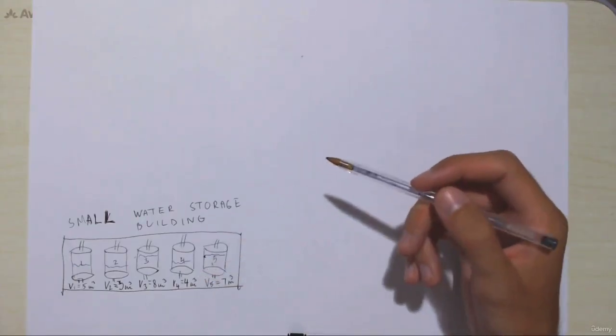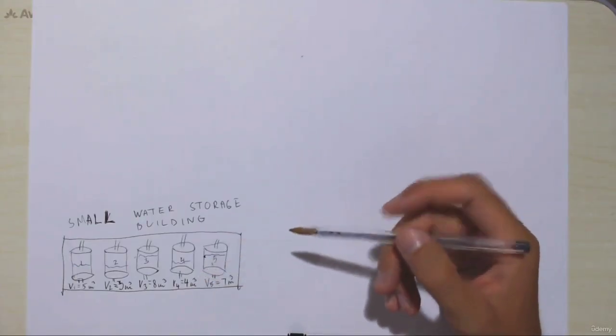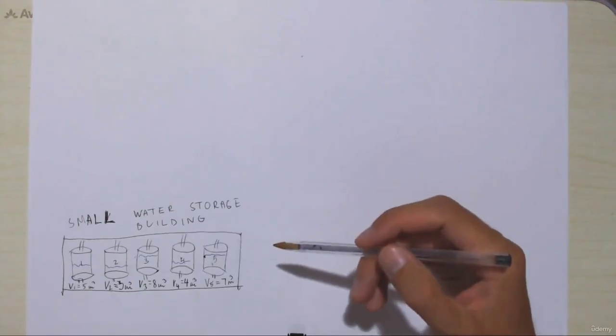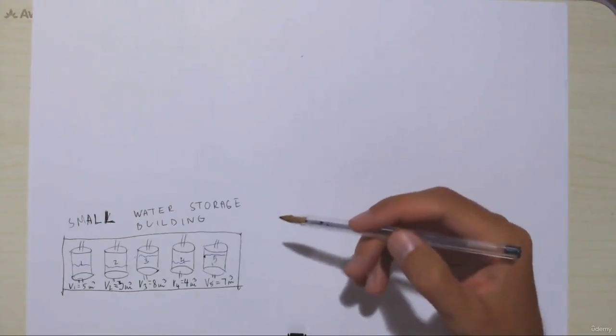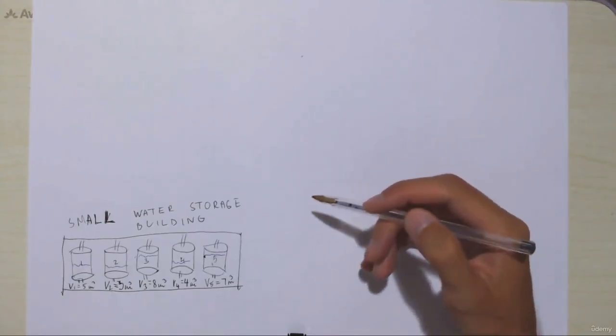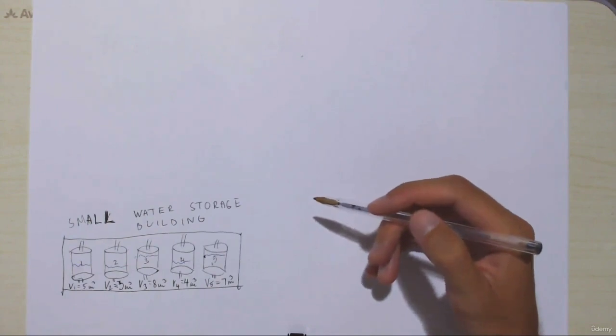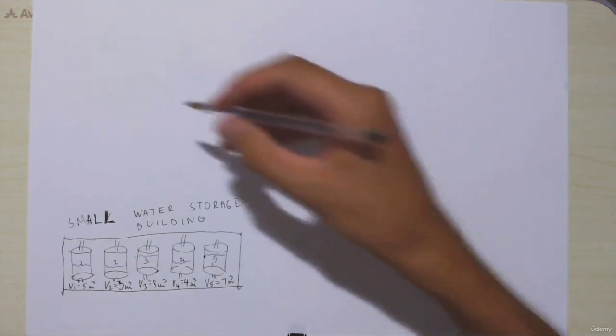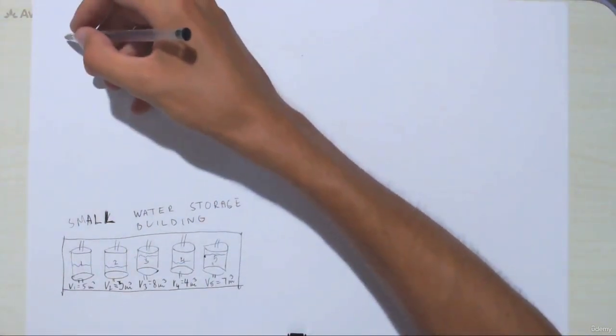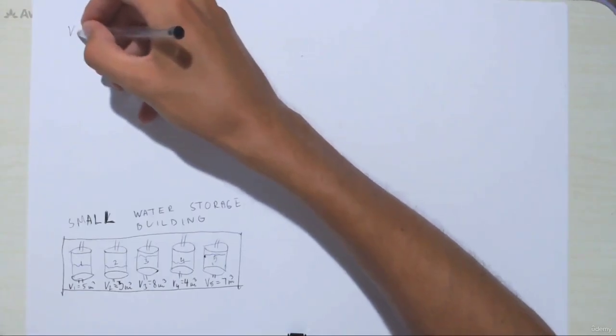If your objective is to know the total volume of water in the entire building, then of course you only need a one-dimensional vector or a scalar. So what you would do, you would simply add them up, right?